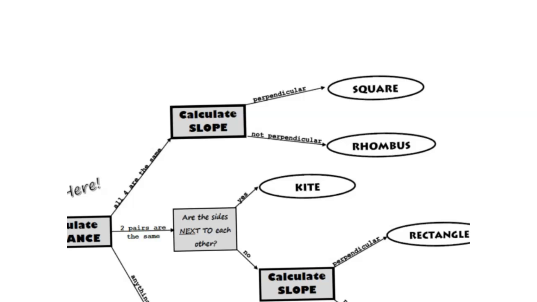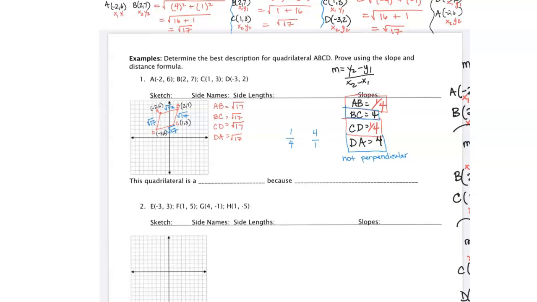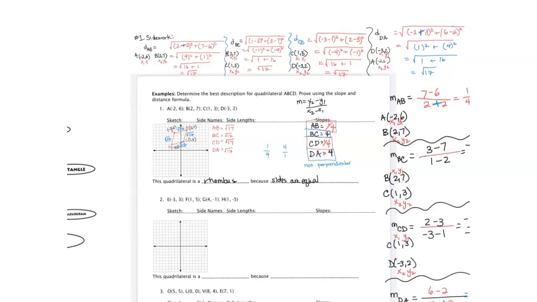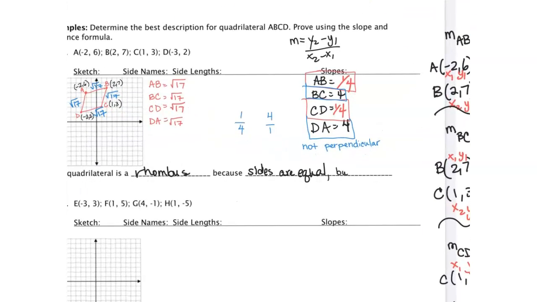So our answer here is that this quadrilateral is a rhombus, because the sides are equal but not perpendicular. Okay, the sides are equal, but they're not perpendicular. So this is a rhombus, not a square.